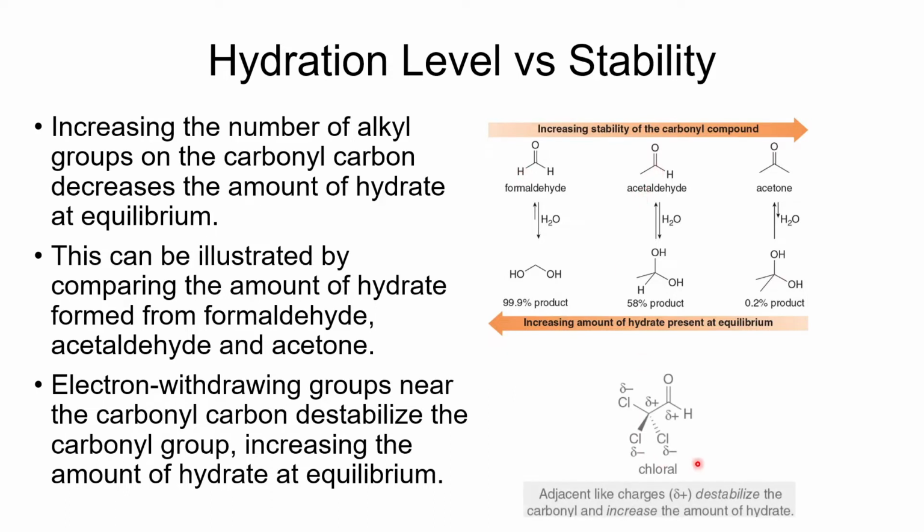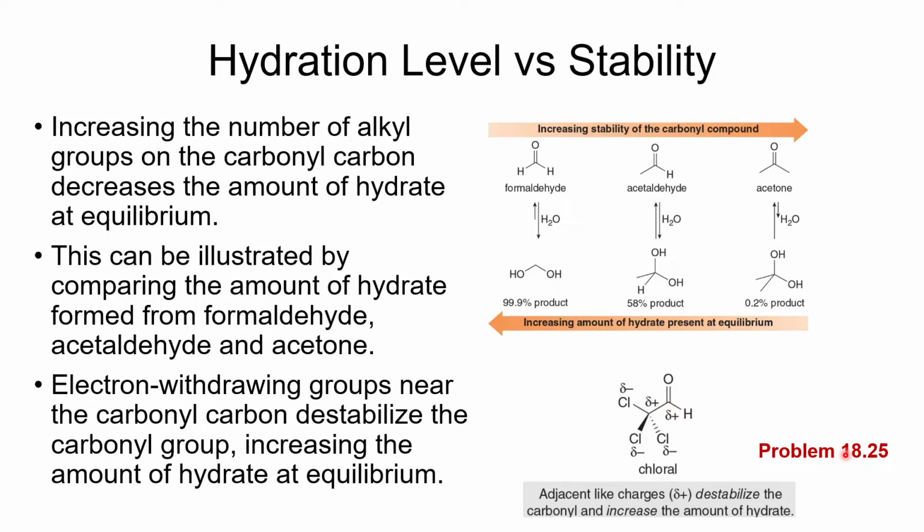Aldehydes, particularly aldehydes that have electron withdrawing groups on the adjacent carbon. As I mentioned, chloral has these electron withdrawing groups that make a significant partial positive charge on this alpha carbon, which pulls electron density away from our carbonyl carbon, making it more susceptible to nucleophilic attack, and that increases the amount of hydrate.